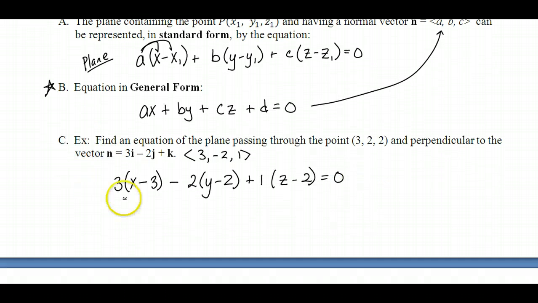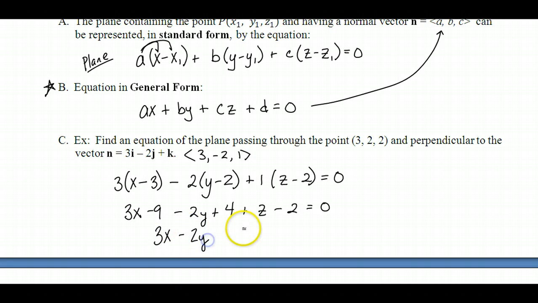Well, when I write this out, I'm going to have 3x minus 9 minus 2y plus 4 plus z minus 2 equals 0. And then to write it in general form, we end with 3x minus 2y plus z.